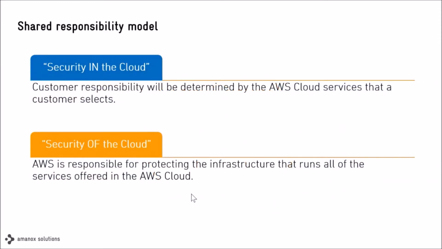Security and compliance is a shared responsibility between AWS and the customer or the user. They have a shared responsibility model where AWS manages and controls the components from the host operating system and virtualization layer down to the physical security of the facilities in which the services operate, and AWS customers are responsible for building secure applications.